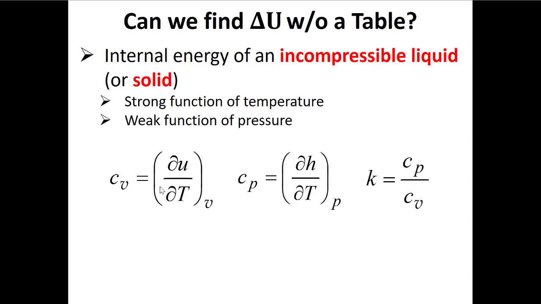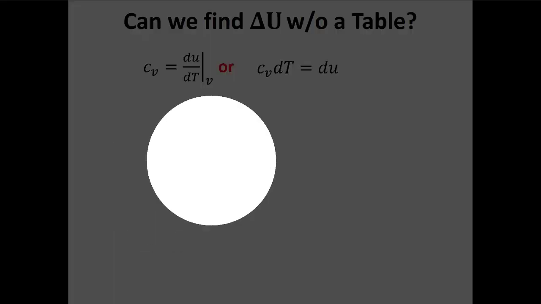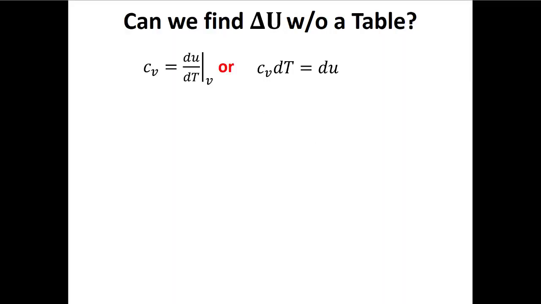So if that's true, then maybe we can come up with an equation where we can find the change in, say, specific internal energy as a function of temperature. Here, if we look specifically at the definition of specific heat at constant volume, we can rearrange this equation to say that C times dT is equal to du.